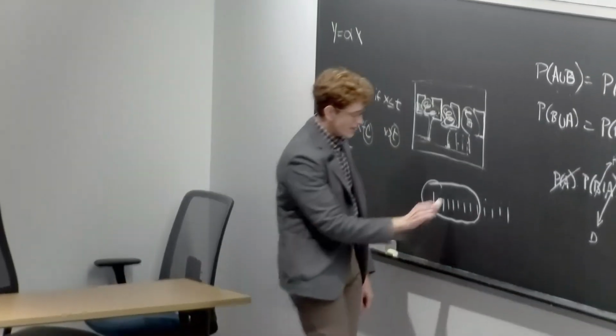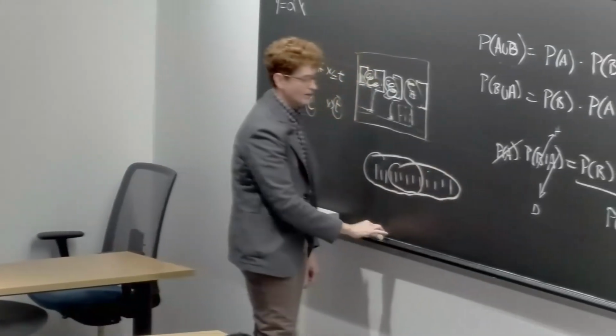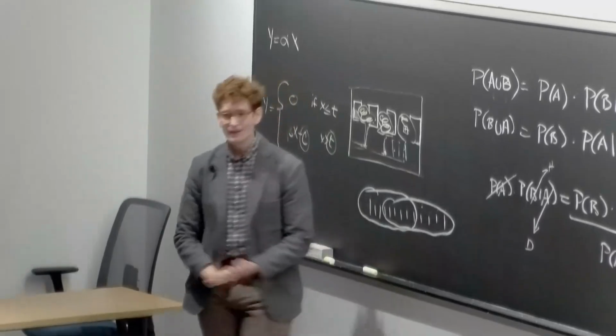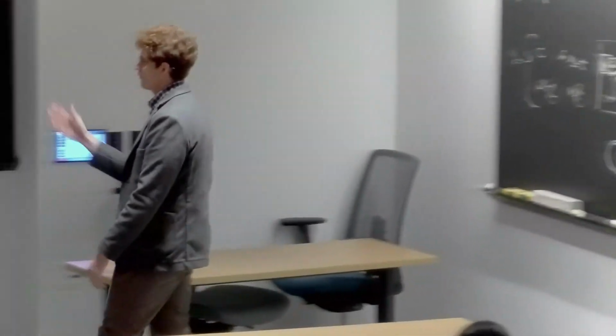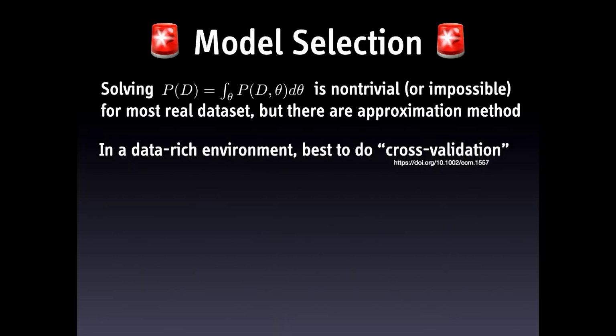And then I do that again, but I choose a different subset. And I go through all the possible subsets, and I basically measure how badly the model predicts the outliers. That only works if you have a lot of data, and you can actually train the model on a small subset. If you don't have a lot of data, then you're kind of in trouble.